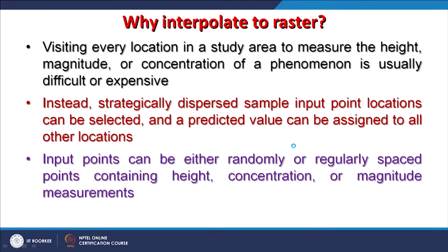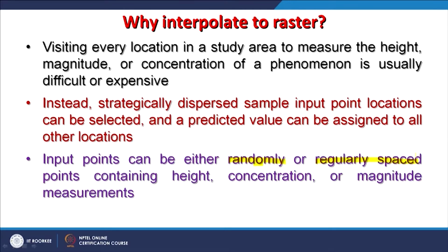So wherever information is available, it is used to create a surface, which becomes systematic information. Because of this, strategically dispersed sample point locations can be selected, and a predicted value can be assigned to all other locations.